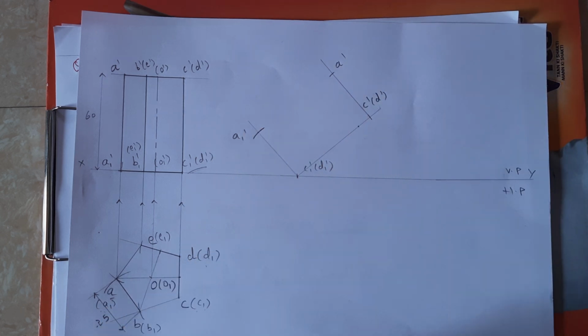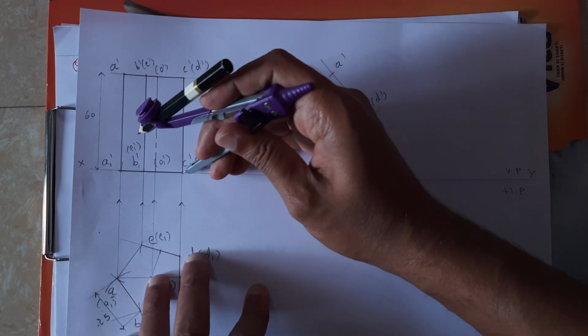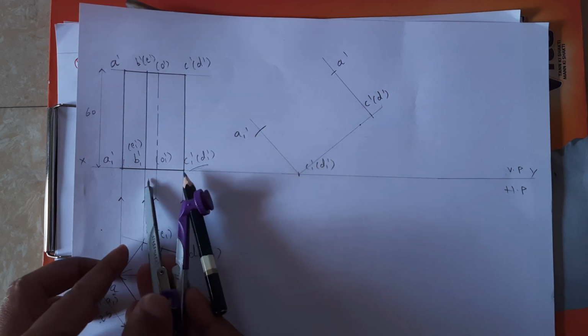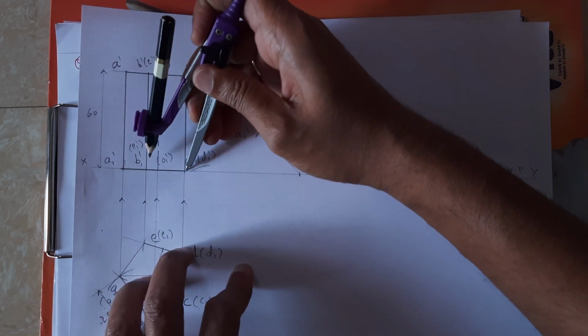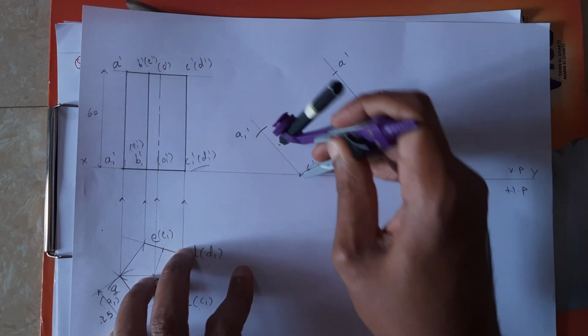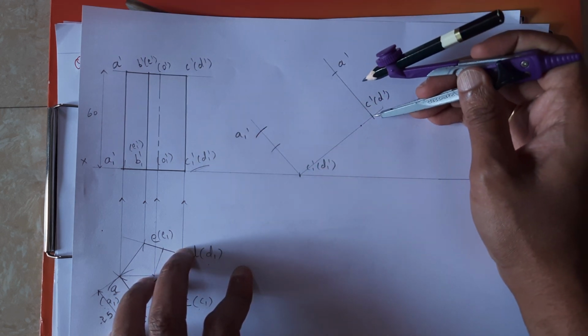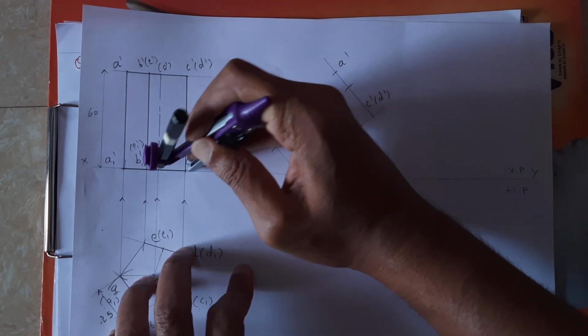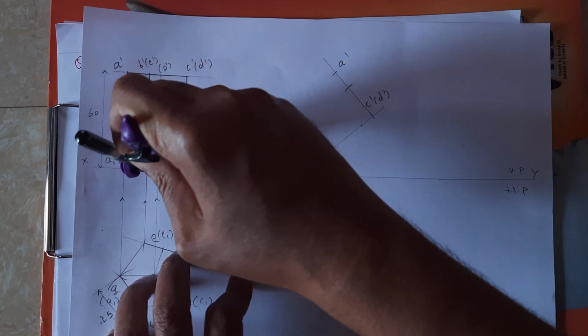Okay, in the same way, identify C1 dash to B1 dash. See, this one you need to identify. C1 dash to B1 dash, cut the arc. Next, C1 dash to O1 dash, there is a center, right?